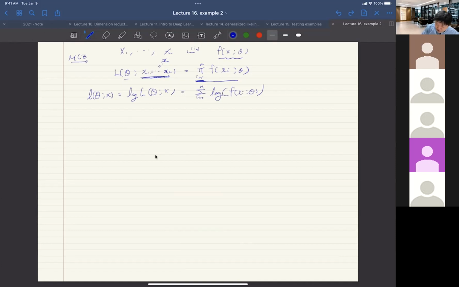And the MLE is just the parameter that maximizes this likelihood function. That's all. So this is just an optimization problem over the parameter space.